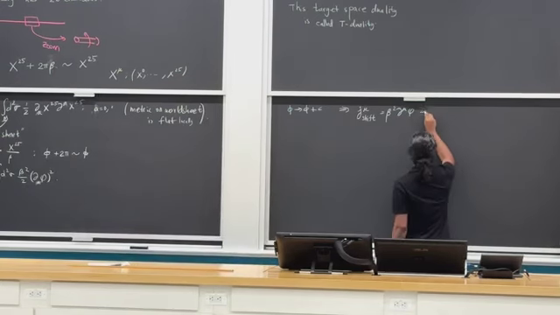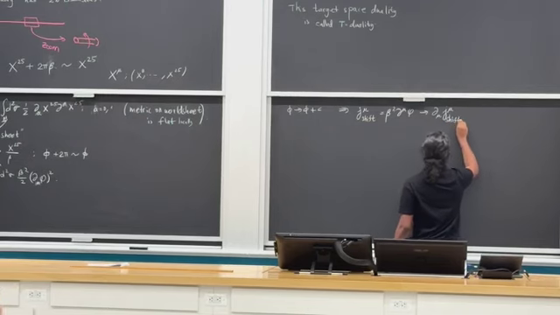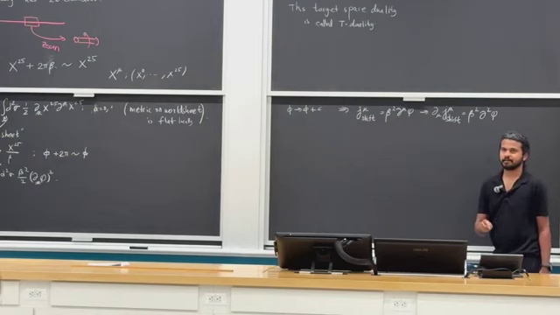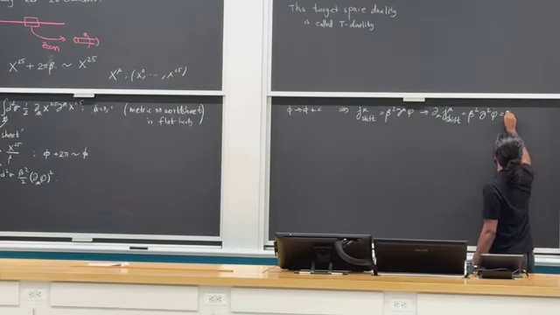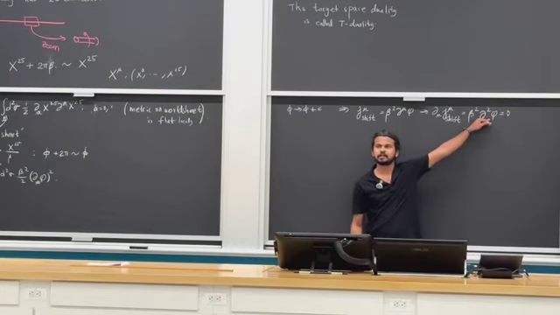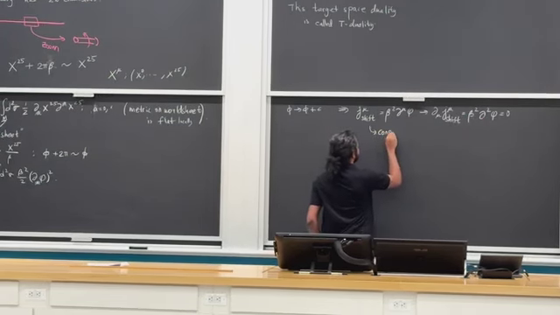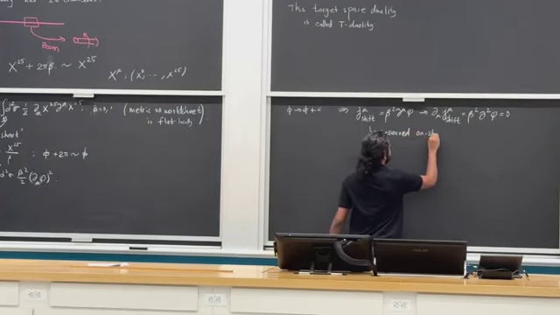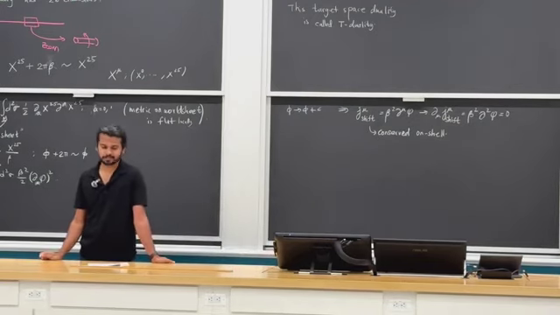You can check that the divergence of J shift is beta squared times the Laplacian of phi, and that is 0 because of the equation of motion. So this current is conserved whenever the equations of motion are satisfied. We will say that this is conserved on shell. That's just another word for the equation of motion being satisfied.